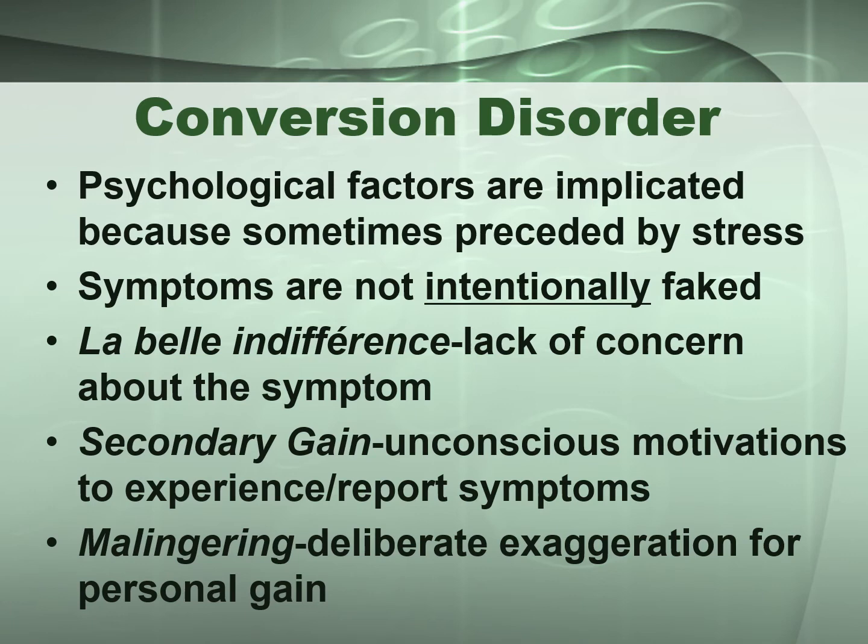And it's important to emphasize that individuals are not intentionally faking these symptoms. The fact that they're concentrating and the tremor stops implies that it's intentional, but we shouldn't think about it that way. It's happening for a psychological reason. They're not consciously and intentionally trying to fake the tremor.